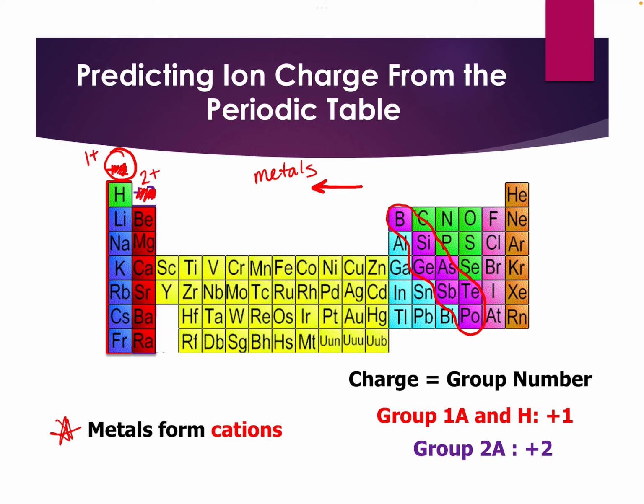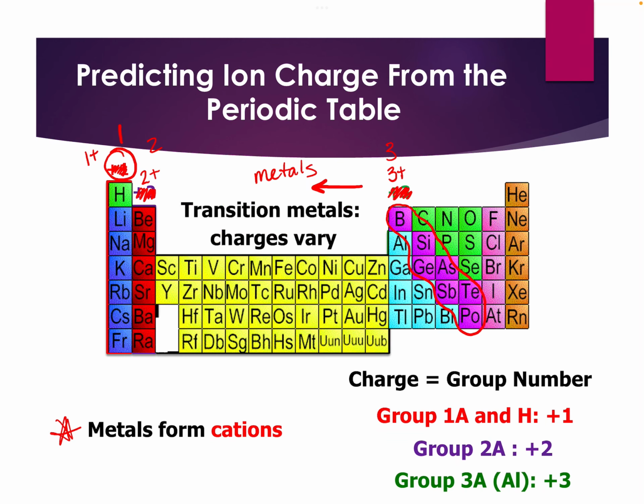We're not going to worry about the transition metals right now. The transition metals kind of do a different thing, and we'll talk more about them in a little bit. We're going to skip over here. These ones that have 3 valence electrons are all going to form a 3+ charge. So if they have 1 valence electron, 2, or 3, they are going to lose all of those valence electrons and form a cation.